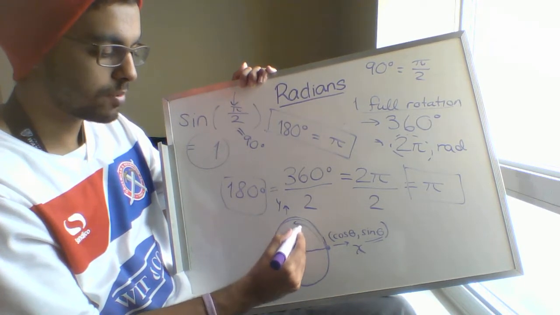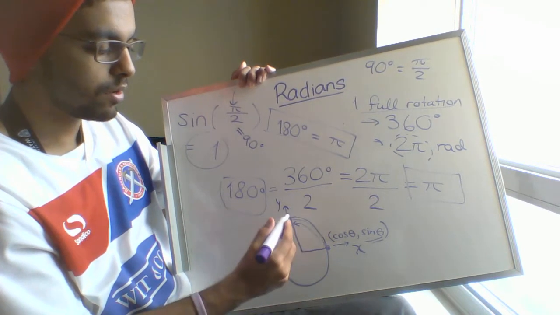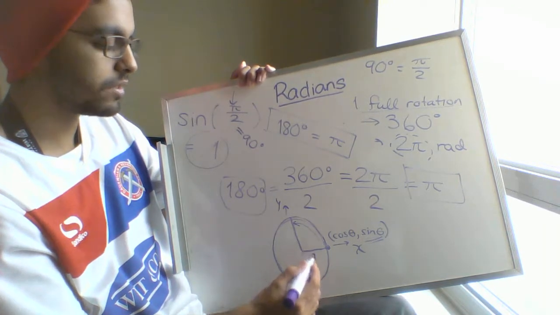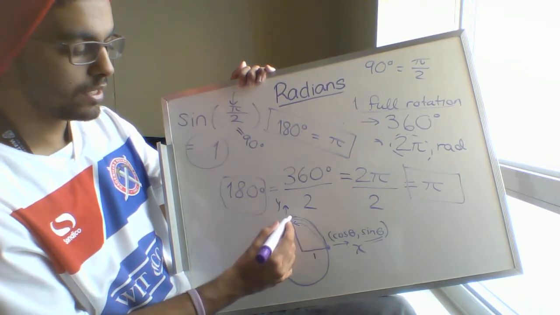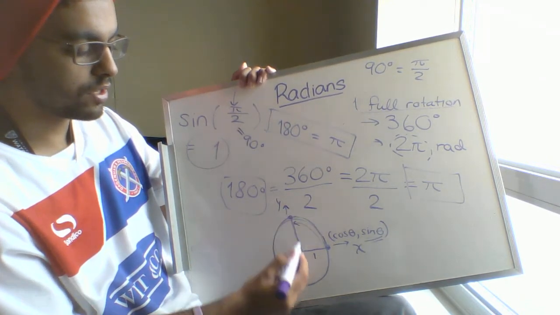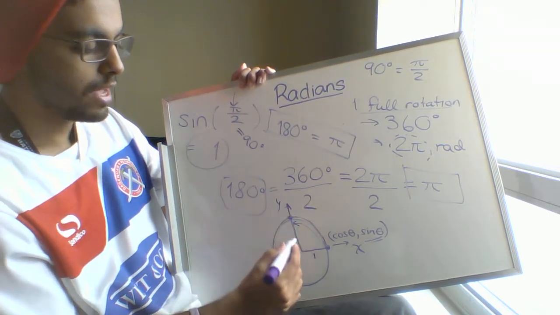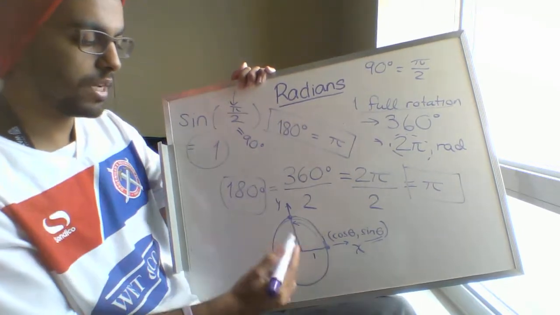When you rotate up to 90, because the radius of the circle is 1, the point has coordinates of 0 in the x direction, because it's directly on the y-axis, and 1 in the y direction. So there sine of theta becomes 1.